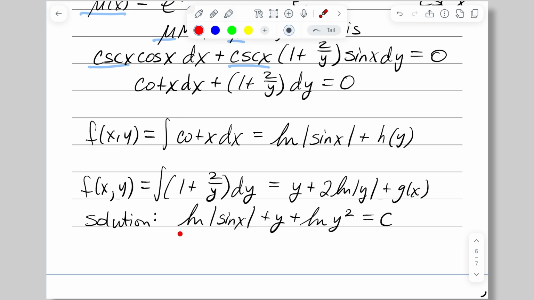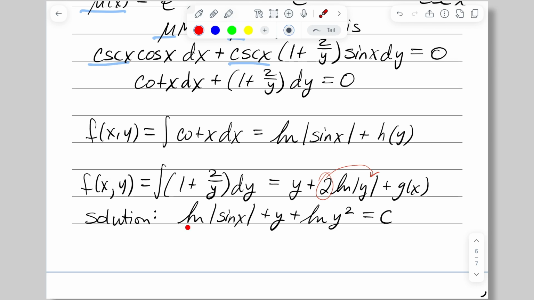For my final solution, F of xy equals C, I'm just going to gather all of the terms that I see in either of these integrals. Natural log of the absolute value of sine of x plus y times the natural log of, I again took the 2 in front of the natural log of y, made it an exponent. That actually has the added bonus of not having to write down the absolute values.